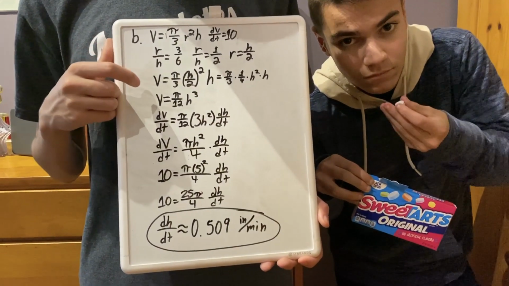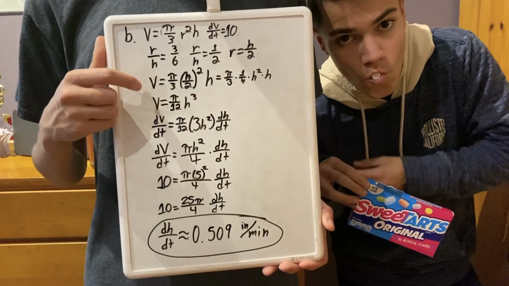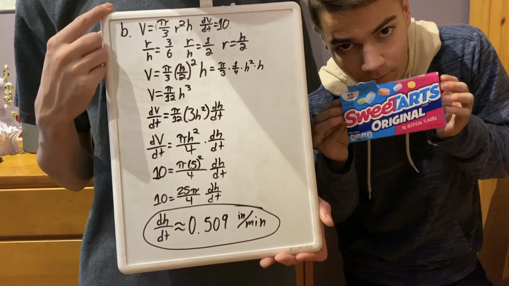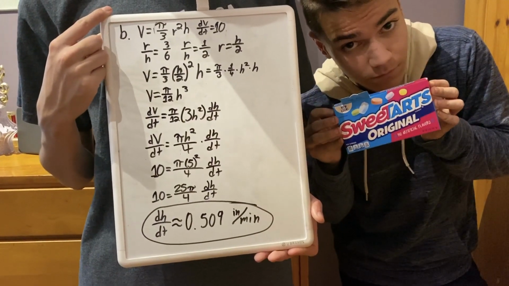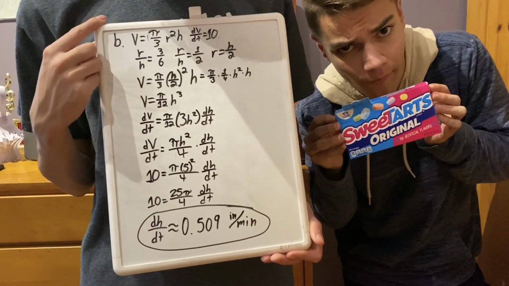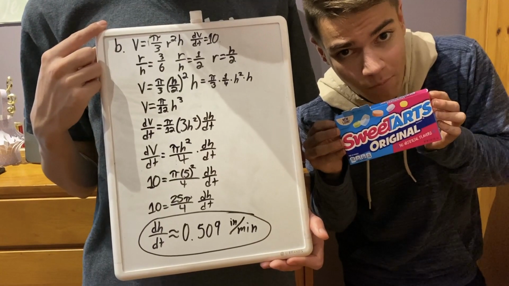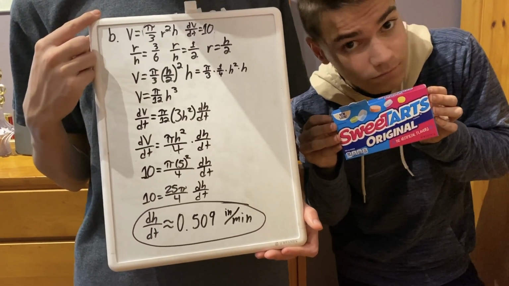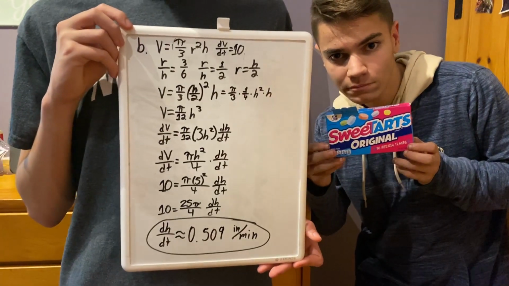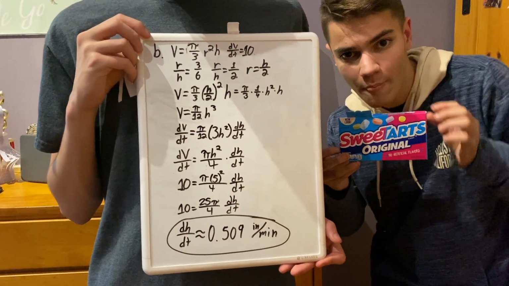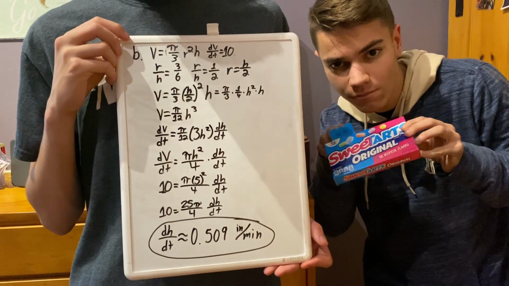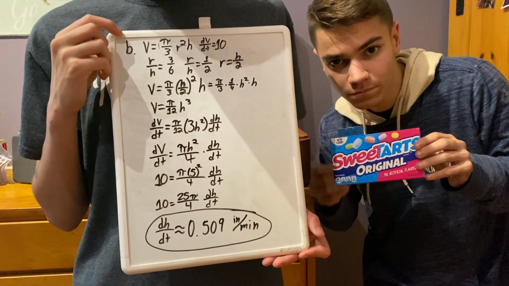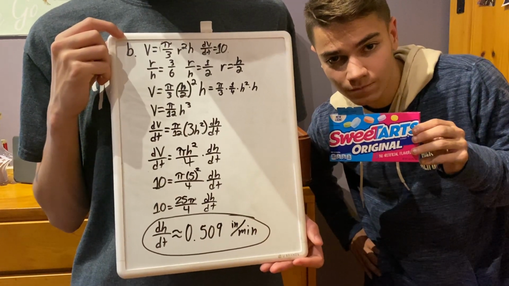So now we can plug that in for our volume formula, giving us volume is equal to pi over 3 times h over 2 squared times h, which is equal to pi over 3 times 1/4 times h squared times h. Okay, so we can then find the derivative of volume over time, which is equal to pi over 12 times 3h squared times dh over dt.